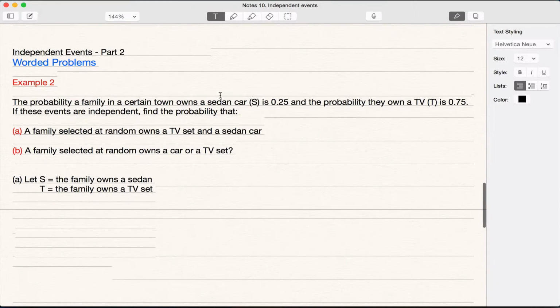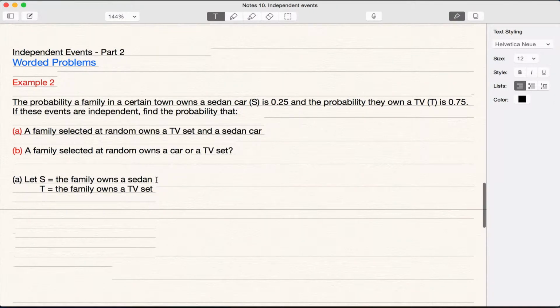So we've already got S for sedan car and T for TV. If you weren't given these two letters, you could choose your own letters. You could choose A and B, or you could choose C for car and T for TV. Completely up to you, but if it's given in the question, you must use the letters that are in the question. So I'm just going to write it out fully.